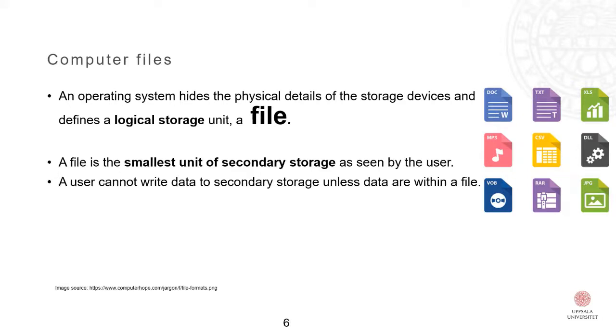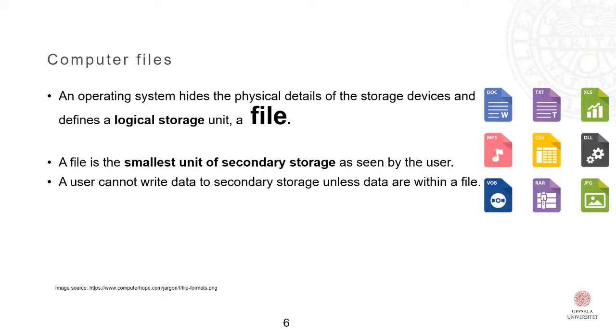A file is the smallest unit of secondary storage. So we don't have direct access to RAM or cache or registers. We just read or write to the secondary storage when we work with the computer.